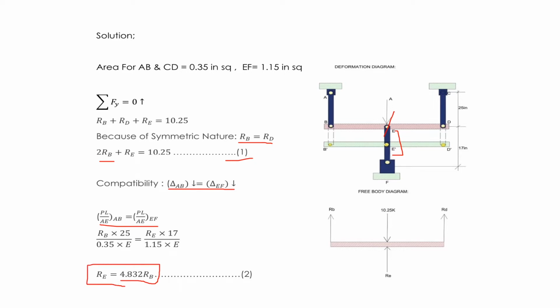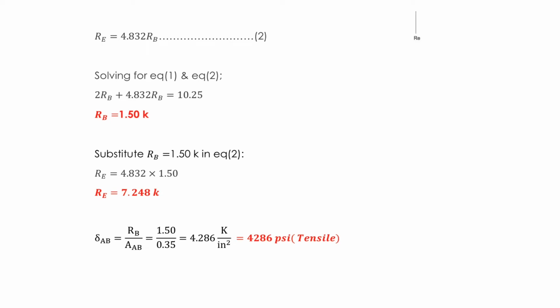So let's solve equations 1 and 2. We substitute values for equation 1, and we got RB equal to 1.50 kips. Substituting the value of RB equal to 1.50 kips in equation 2, we got RE equal to 7.248 kips, and we have to find delta CD.